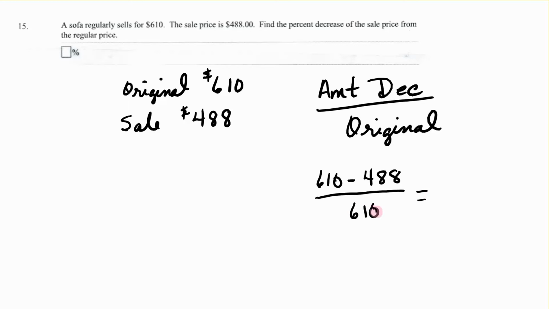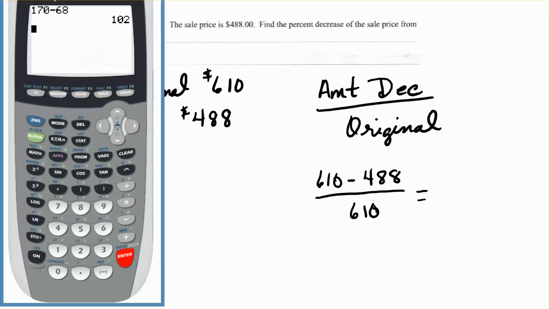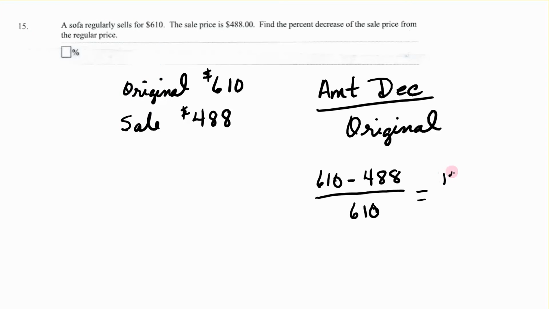And I'm sorry, sometimes my zeros end up looking like sixes. So we have 610 minus 488. That is 122 over 610.